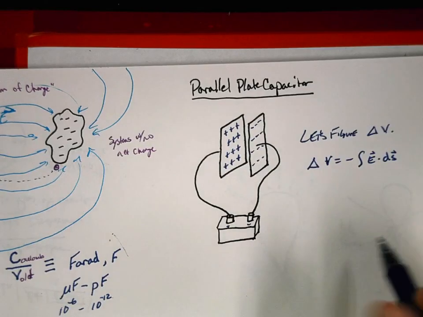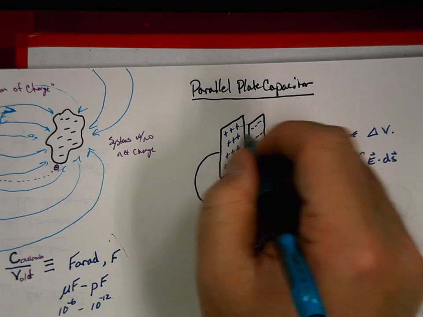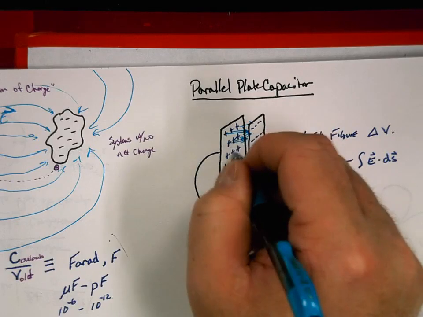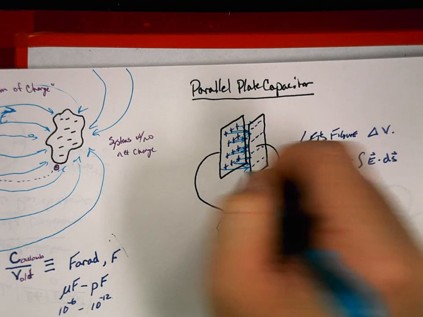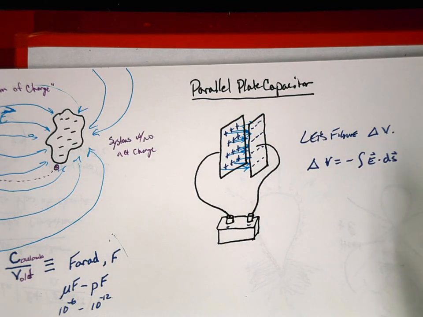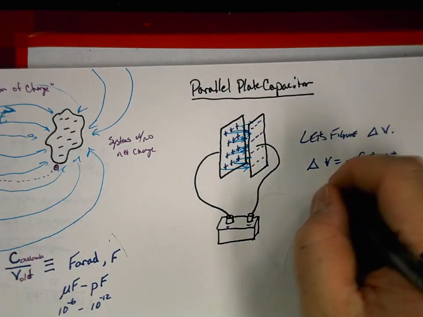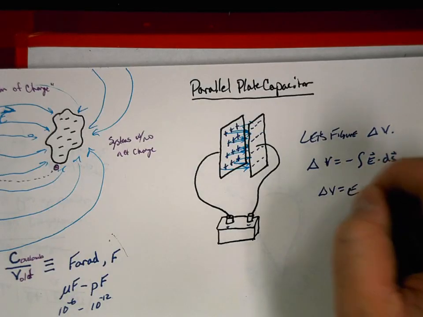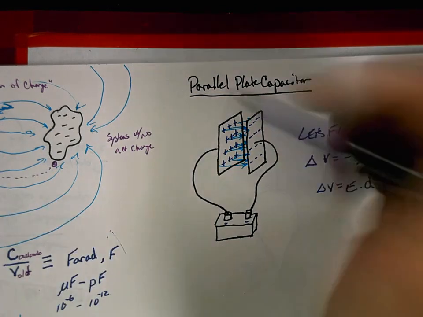Now, luckily, you guys can tell that our field is uniform going across, and so our E dot ds just winds up being delta V equals E d, where d is our distance. Is it not negative?